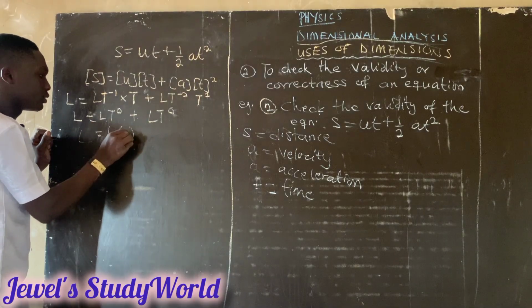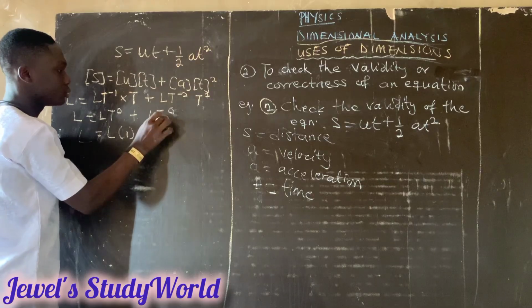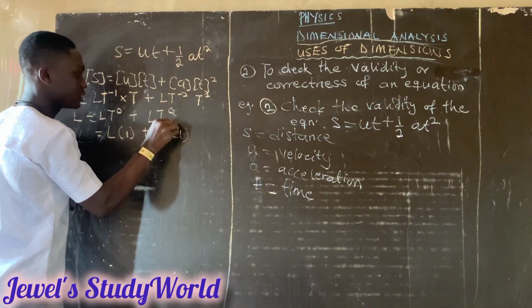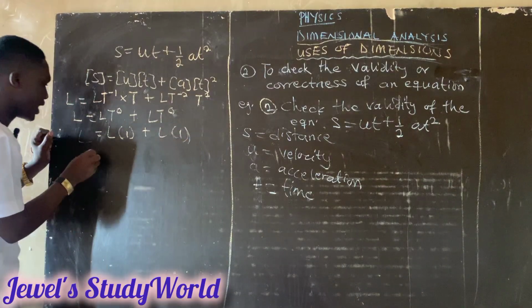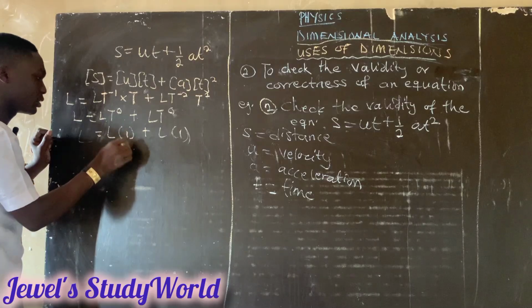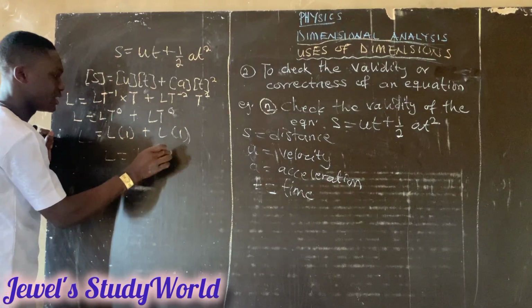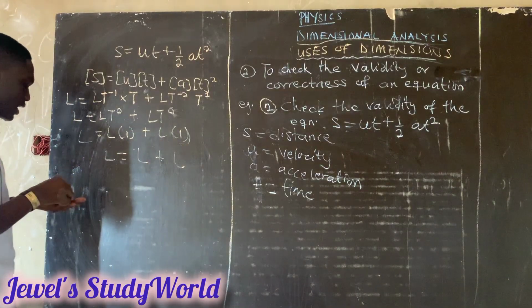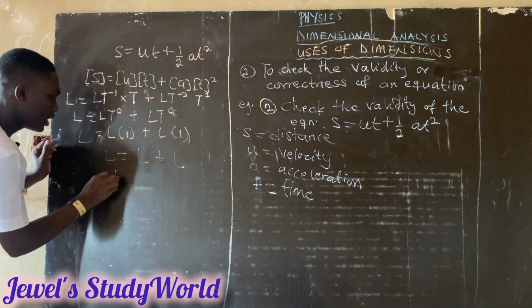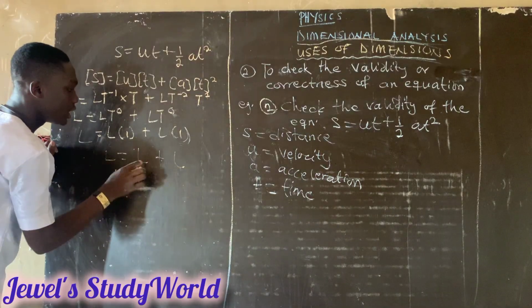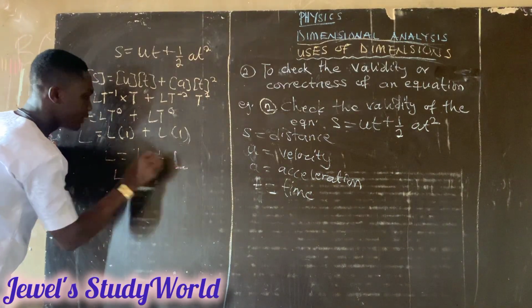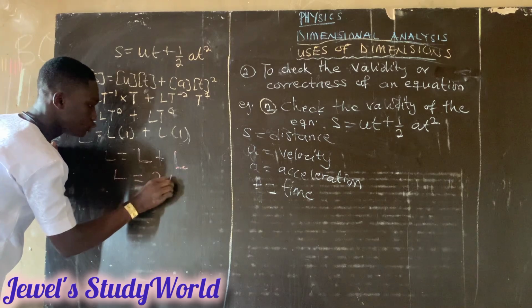Then plus, here too we have 1. So L times 1. So you have L equal to L times 1 gives us L. Plus here you have L. So you have that L is equal to L plus L. L plus L gives us 2L.